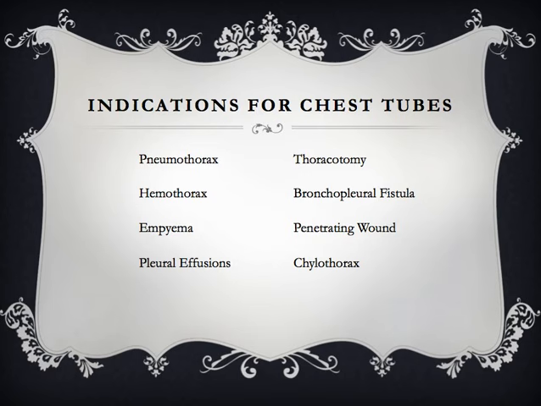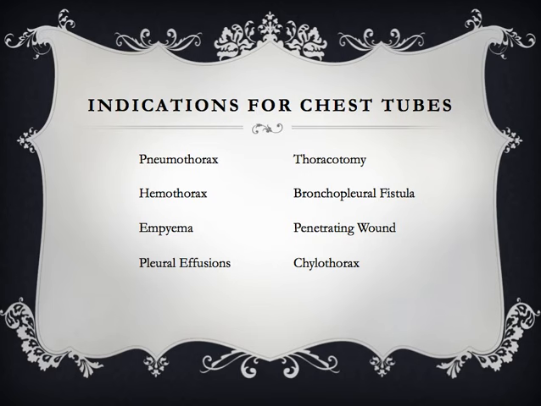Pleural effusions, which are basically buildups of serous fluid within the pleural space. A thoracotomy would be another reason why we would put a chest tube in. A thoracotomy is an opening of the thoracic cavity, so anytime we do surgery on those organs housed in the thoracic cavity, it's called a thoracotomy.